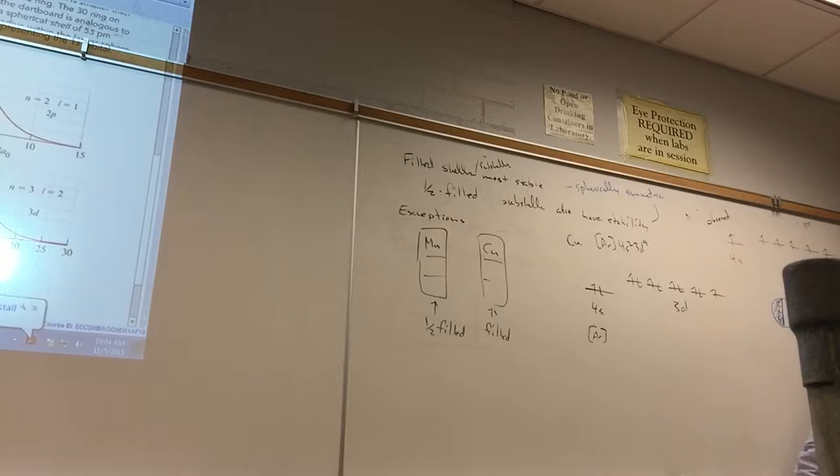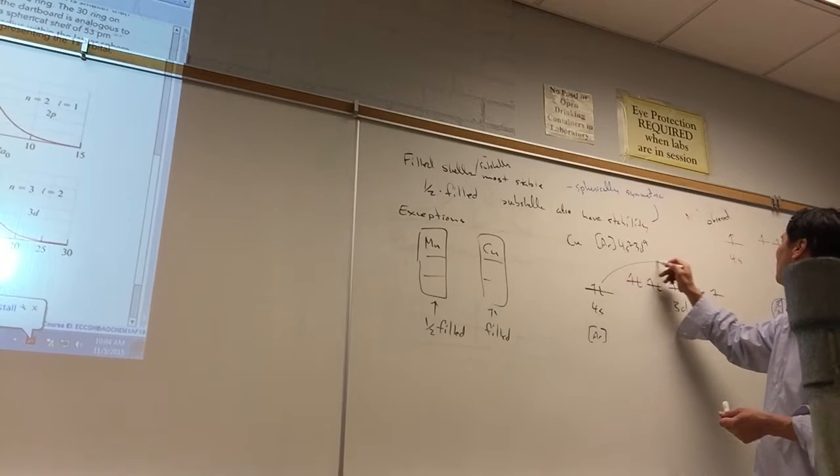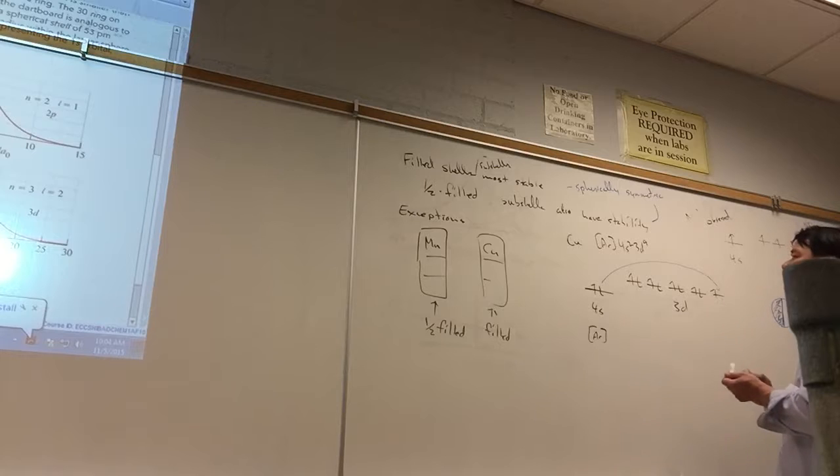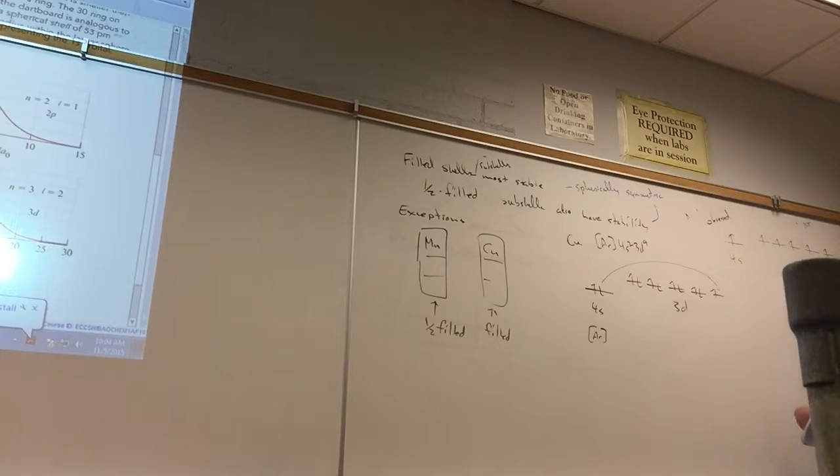And so what do you think is going to happen here? Well, there's one electron shy of being a filled subshell. So we're going to promote the electron here. And the observed configuration will be 4s1, 3d10. And so copper will be argon 4s1, 3d10.